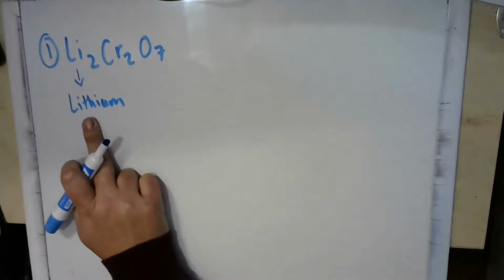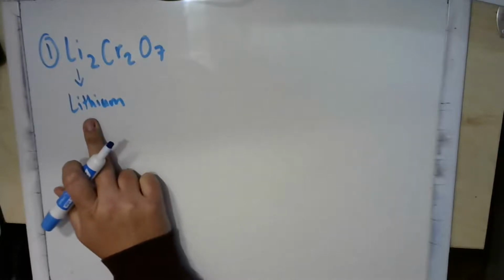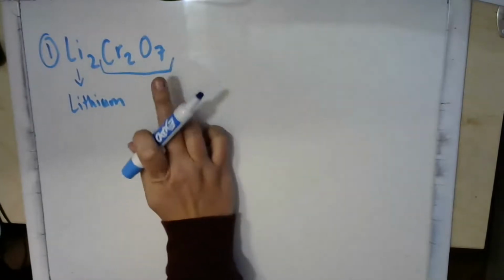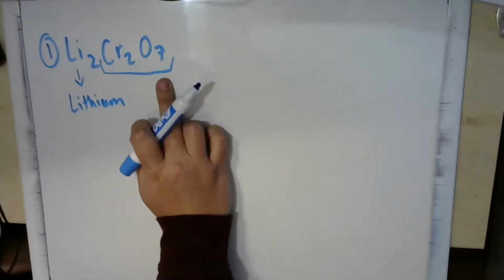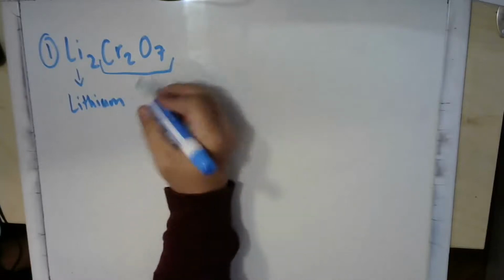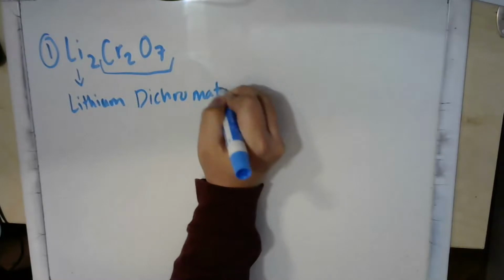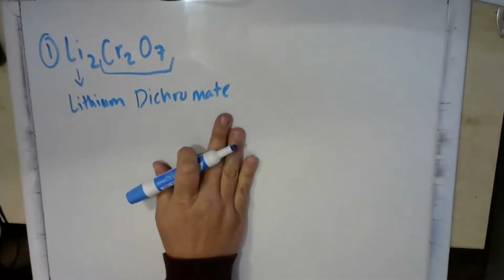I don't need to indicate the charge of a type 1 metal. Then I have to recognize what the name of this polyatomic ion is, and that is the dichromate ion. So this is lithium dichromate.